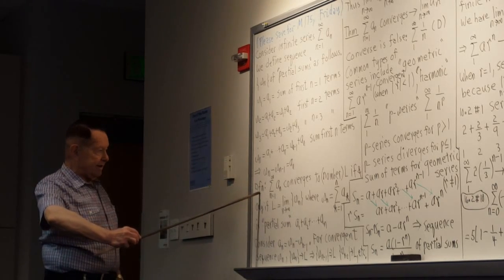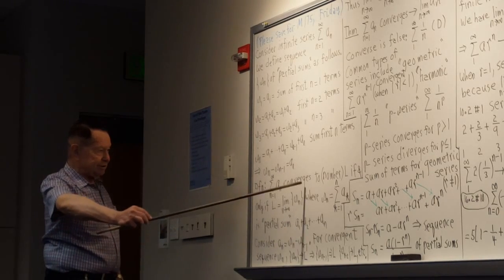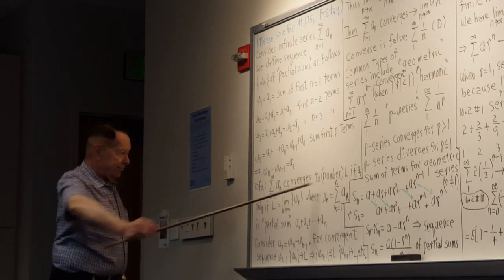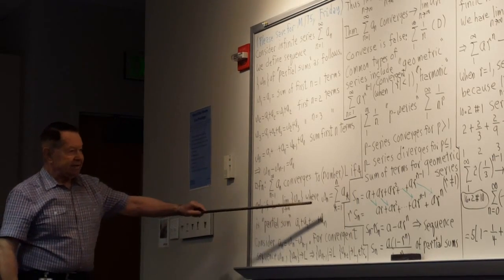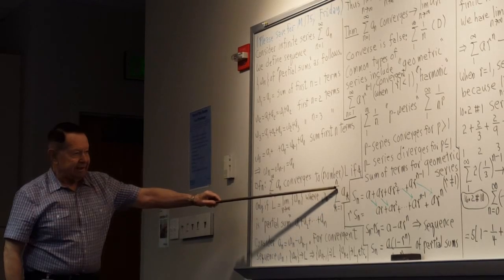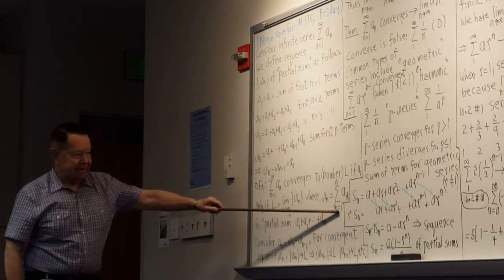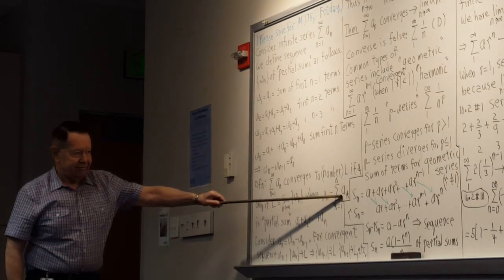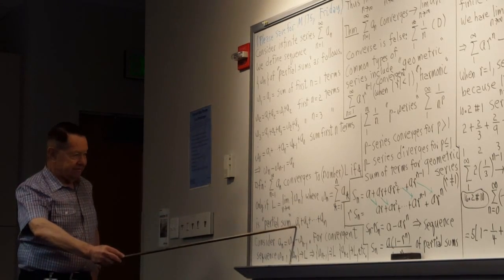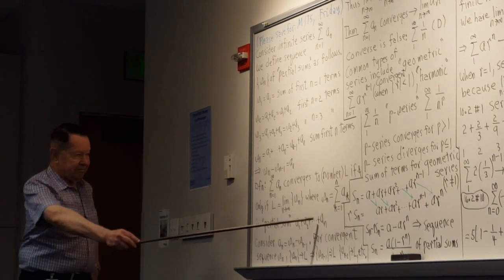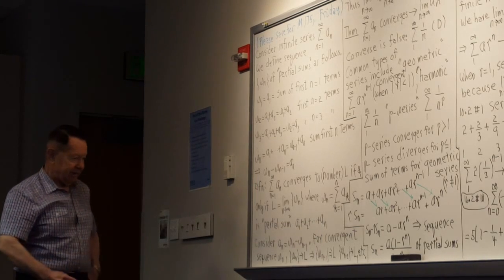Actually, with definitions, any definition that you make is an if and only if type of thing. So the S sub n then is the partial sum, k equal 1 to n, of the terms in the series. Think of it written that way.